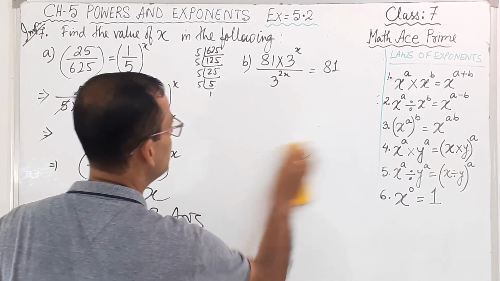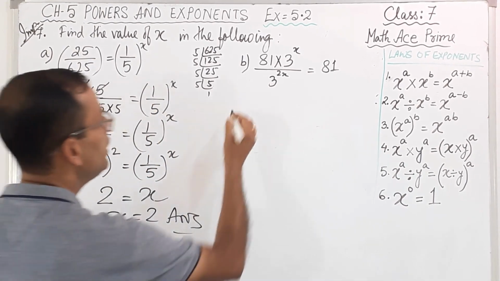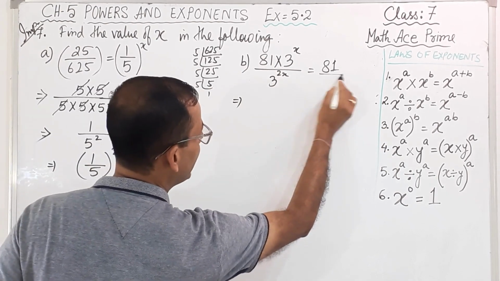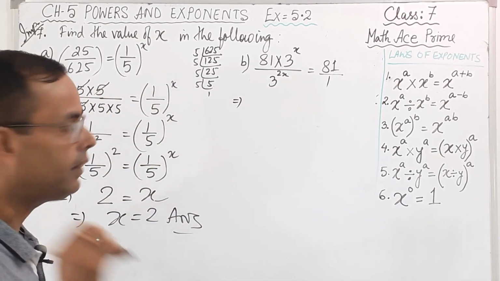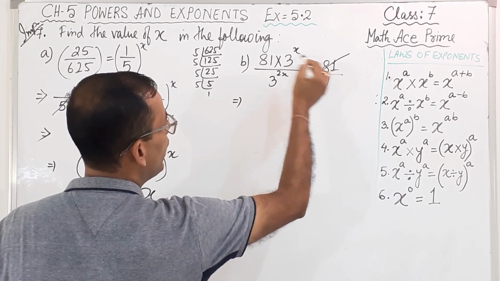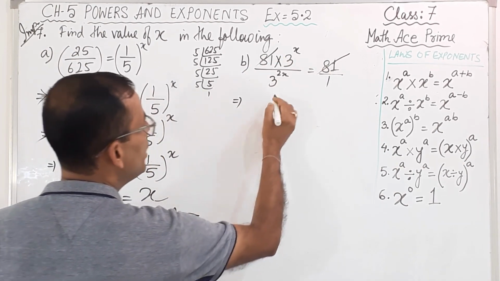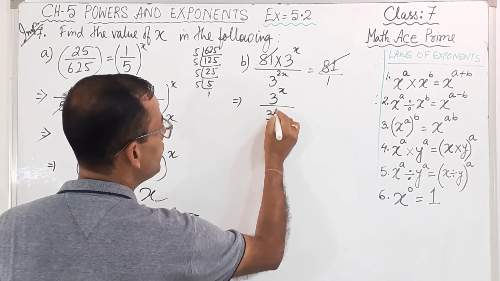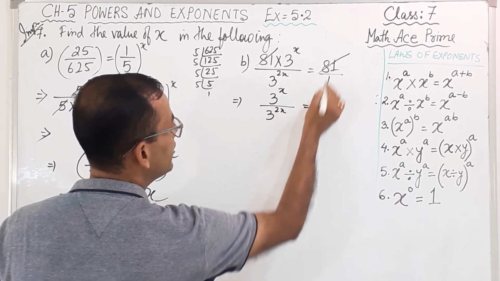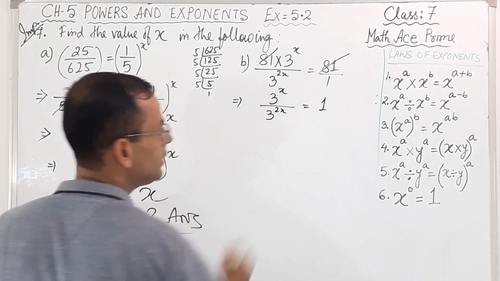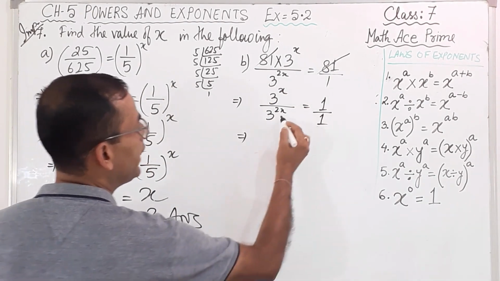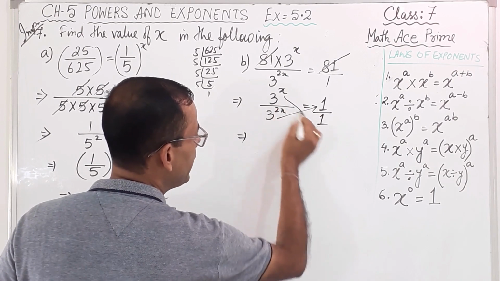Now let us come to sum number b. This is the sum. If you see nicely, 81, can I write 81 by 1? I can write. Now you can see 81, 81 cancels. So what is left? 3 to the power x by 3 to the power 2x, and this side only 1 is left. Clear? Now here 1 means 1 by 1 we can write. We can do cross multiply like this way.